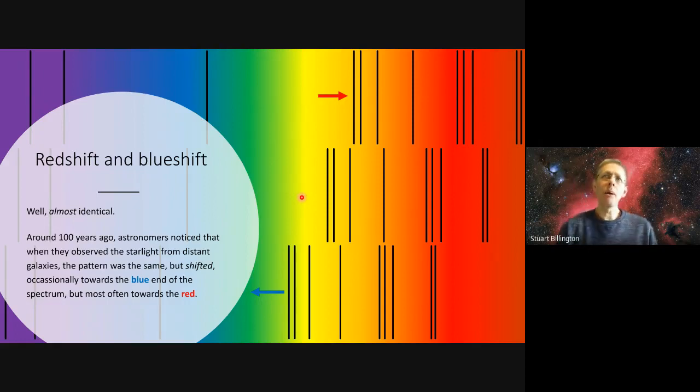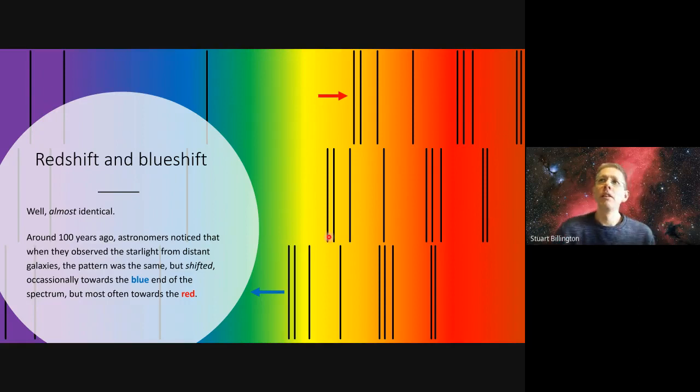But if we start pointing it at some of the galaxies, which are a little bit further away, an interesting thing happens. You get the same pattern, so like 2 lines, gap, 1 line, gap, 1 line, big gap, 3 lines, big gap, 2 lines. You get the same pattern, but it's all moved a little bit.